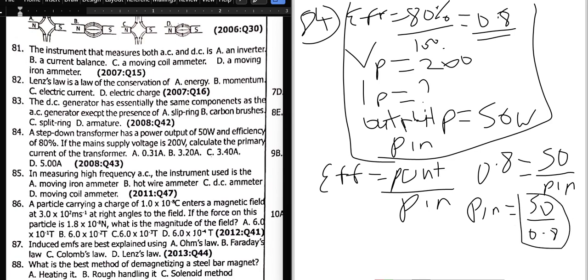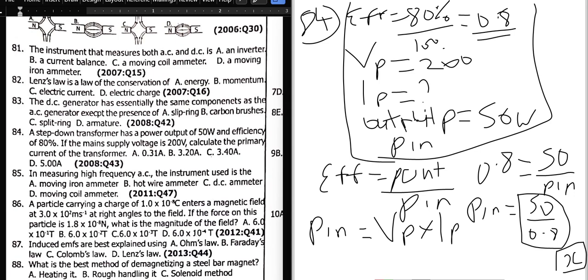Whatever you get in this answer, I'll call it X, because I'm not solving today. So that's X. To look for power input, we say primary voltage times primary current. Primary voltage is 200.